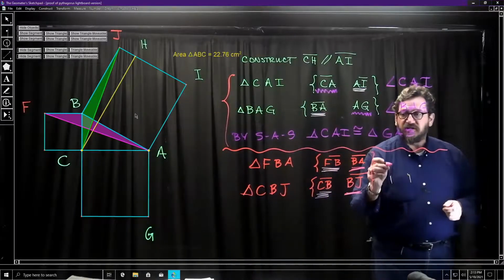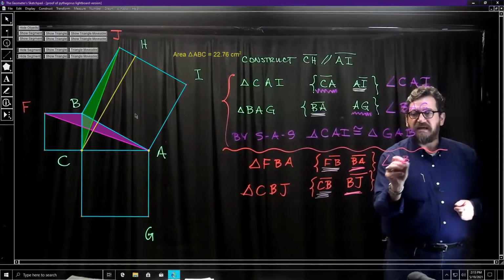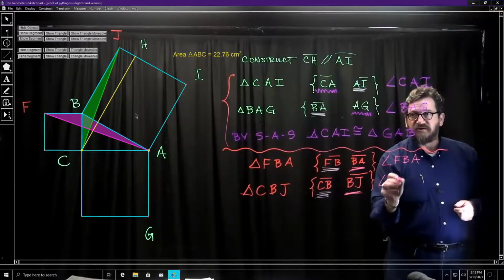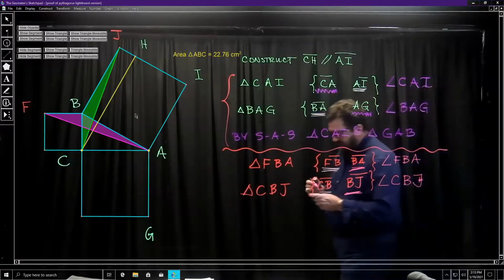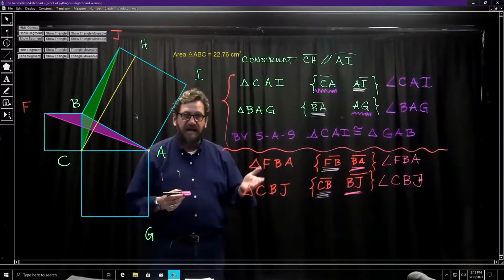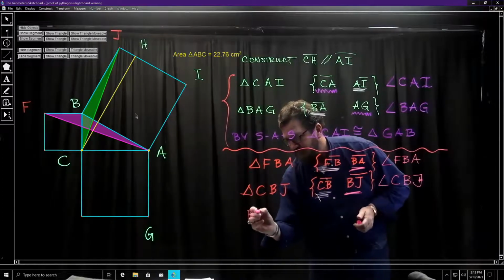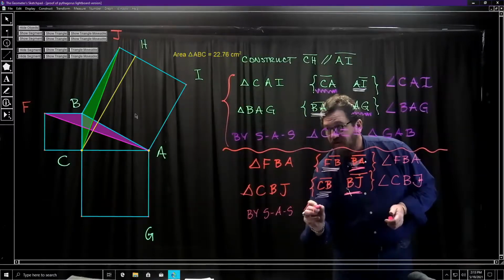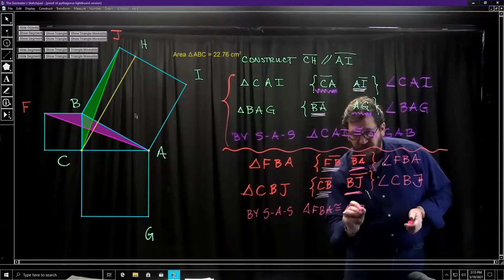With a little bit of discussion, I can very easily make the argument that angle FBA must be the same in size as angle CBJ. Now then, with that being the case, I can once again argue by side-angle-side that I'm going to have two triangles congruent. Namely, I have triangle FBA is going to be congruent to triangle CBJ.